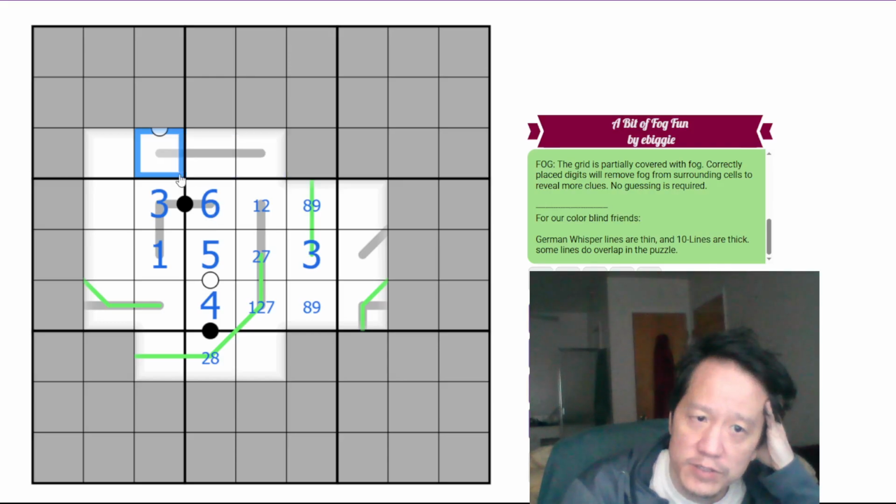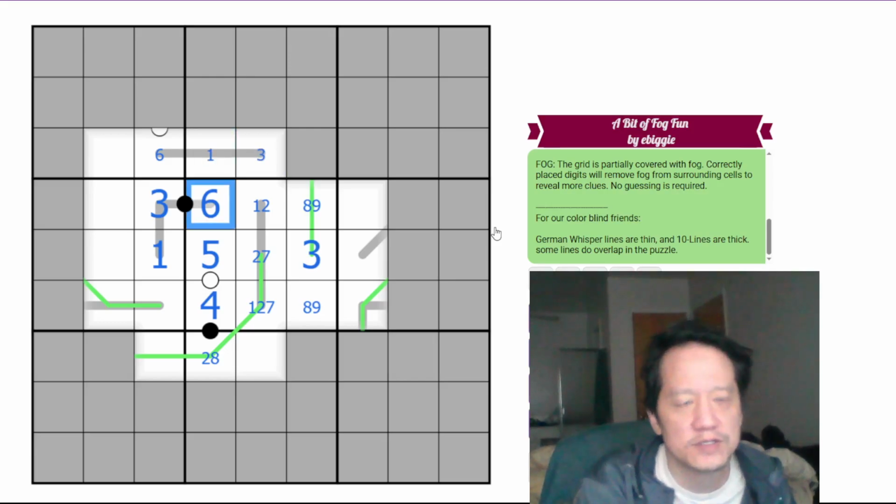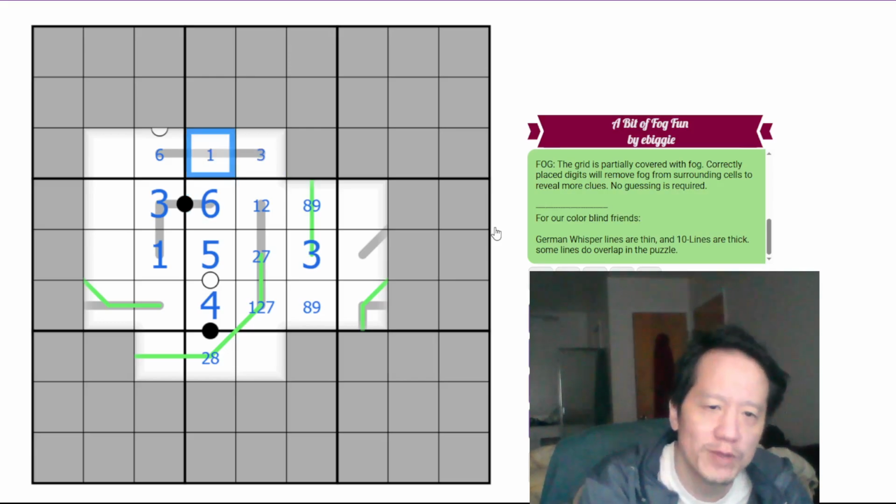That is still possible as long as this is 6, this is 3, and this is 1. It could be 145, as long as the 1 is here. And the other possibility is 2, 3, and 5. So this would be 3 or 5, this would be 2 or 3, and this would be 2 or 5 here.